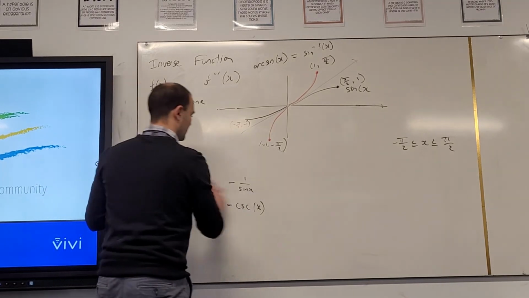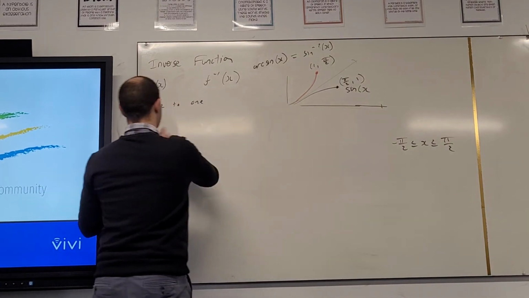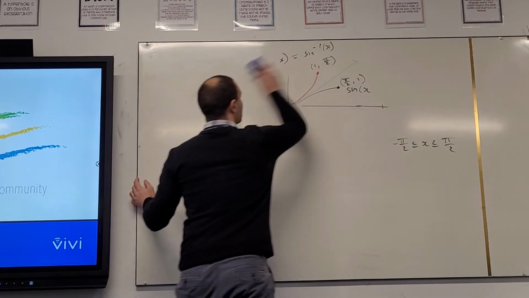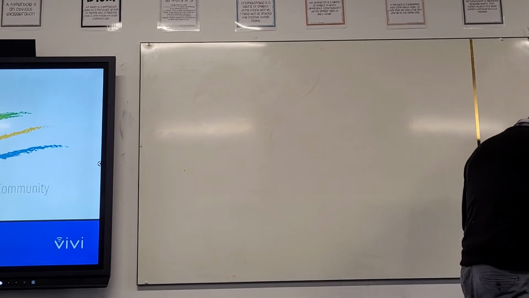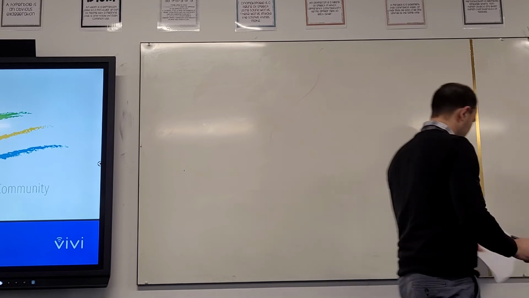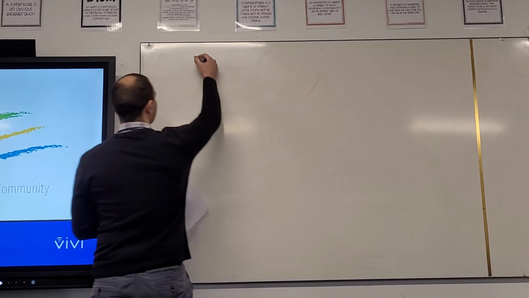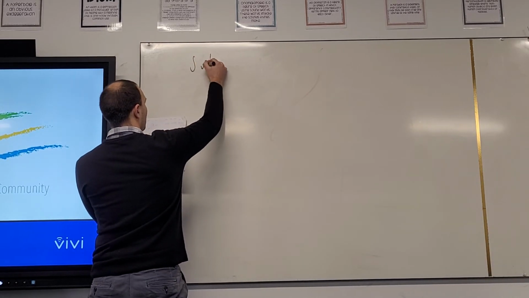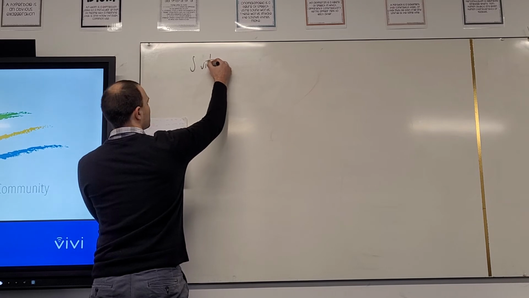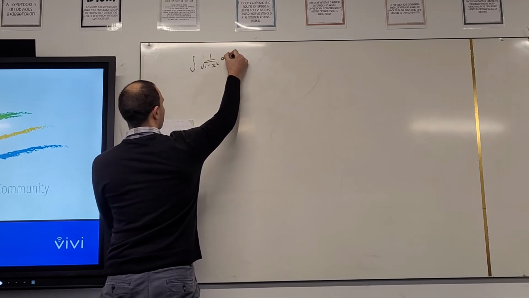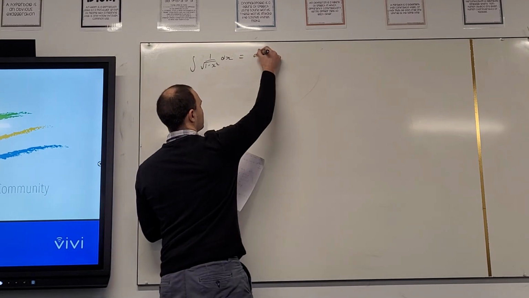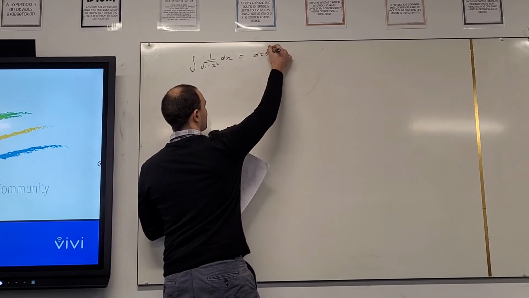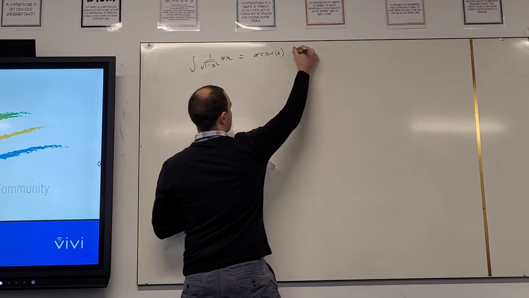Cool. Excellent. Alright, so let's prove it. So let's just start with the first one. We're going to prove that the integral of 1 on the square root of 1 take x squared with regards to x is equal to arc sine of x plus c.